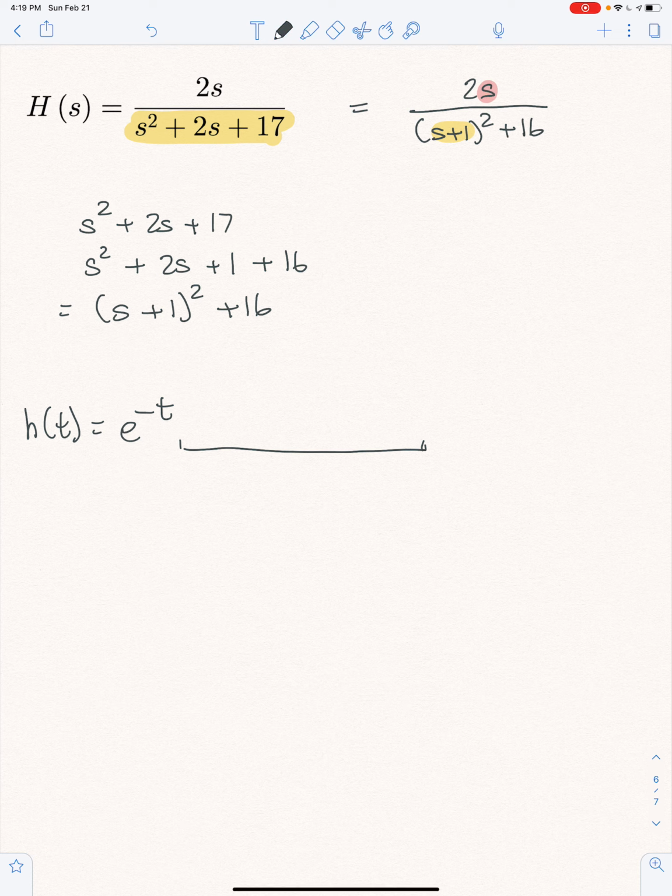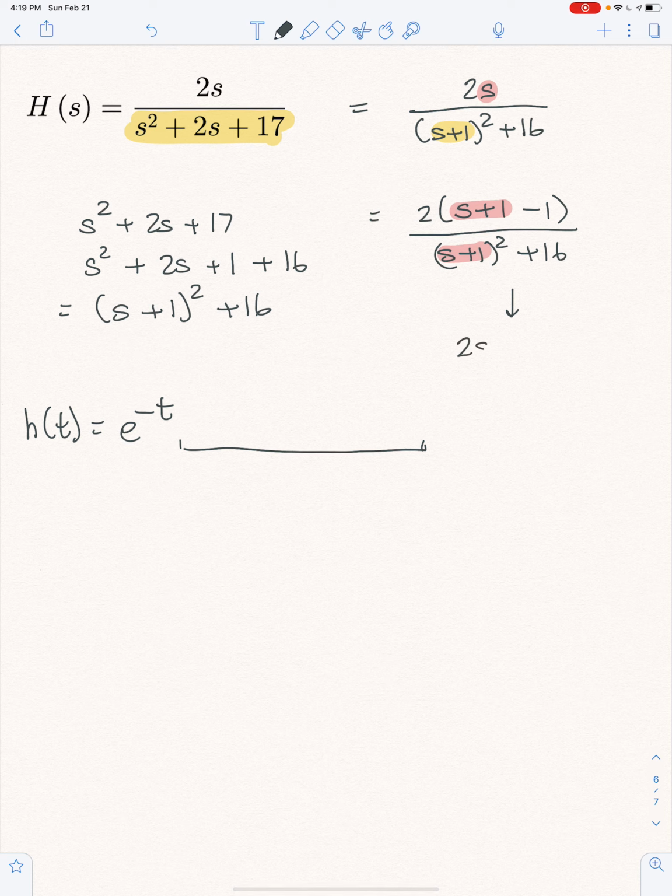Well, here's what we do. We say that this is 2 times, I need an s plus 1 to replace with s, and then minus 1, all over s plus 1 squared plus 16. So that means this and this are getting replaced with s because we already have the shift accounted for.